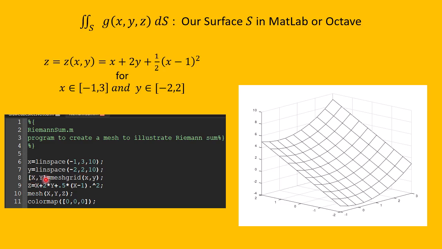Then [x, y] equals meshgrid of the x and the y values, those two arrays. And then z equals x plus 2 times y plus a half times (x minus 1) squared. Use a dot caret for squaring this array x minus 1. X minus 1 is the same as the array x, except you're subtracting one from every array element in x.